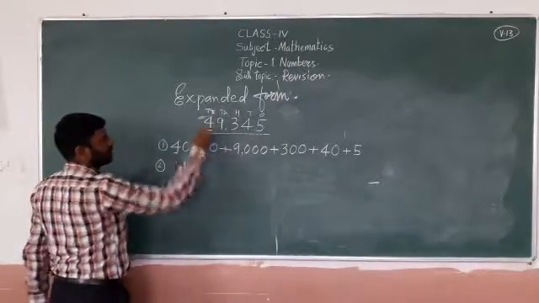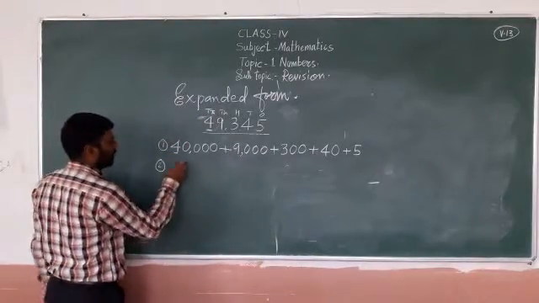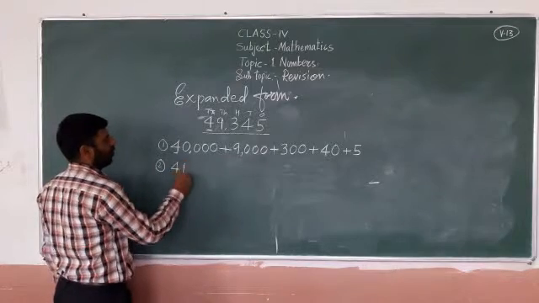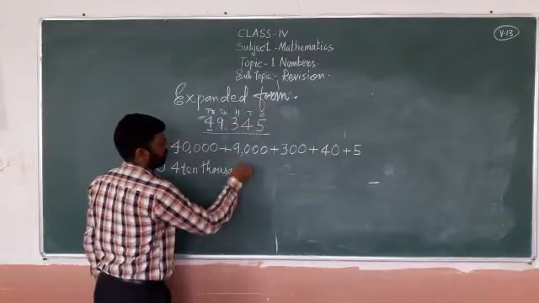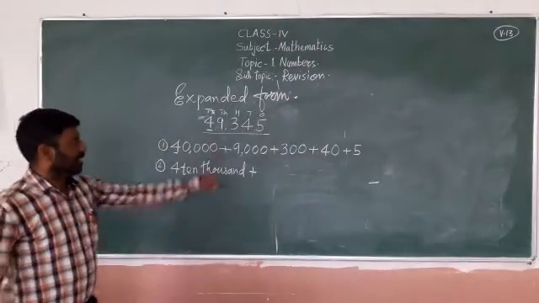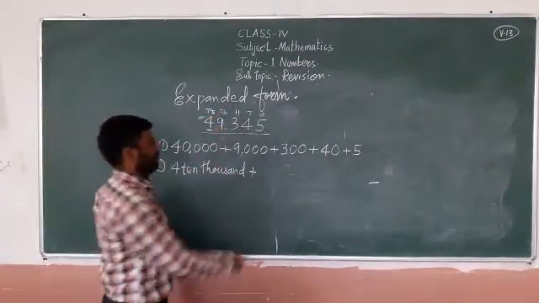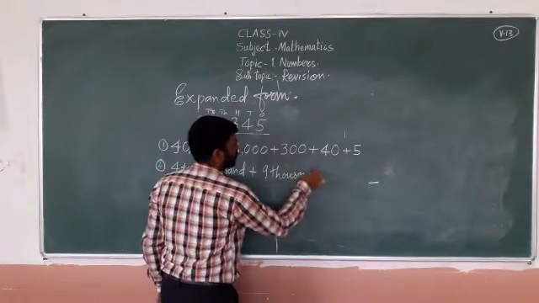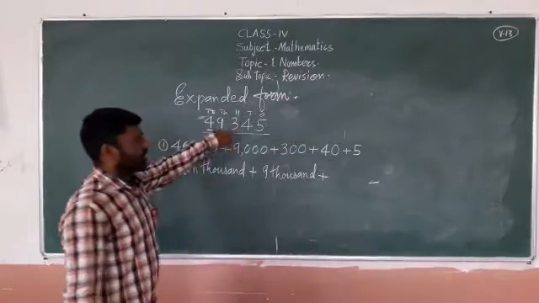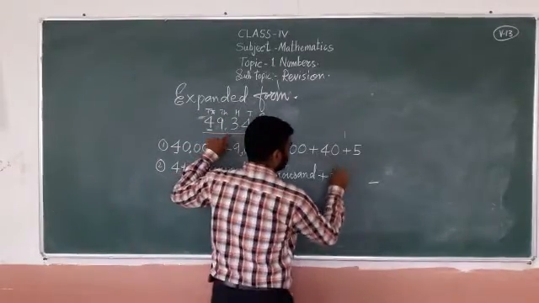Then the next method, another way to write the expanded form: 4 is in which place? 10,000 place. So you can write 4 in number 4 10,000, plus 9 is in the 1000 place, so 9,000, plus 3 is in the 100 place. So 300.